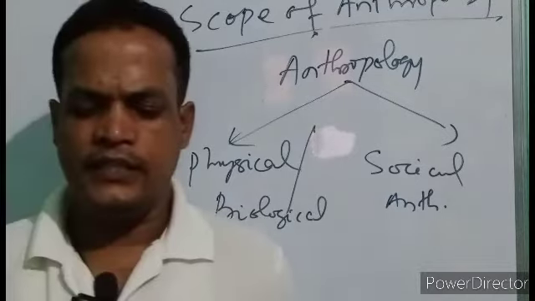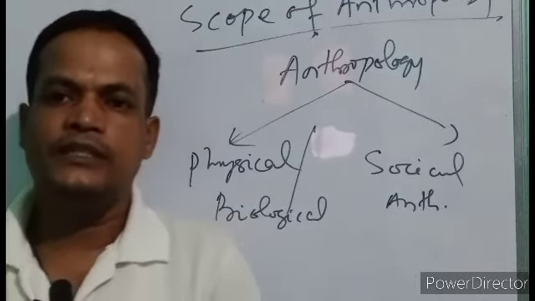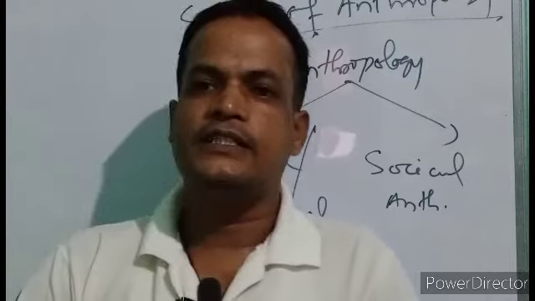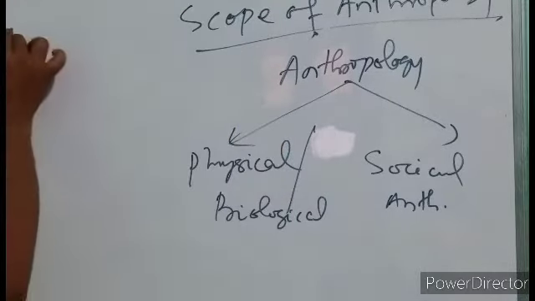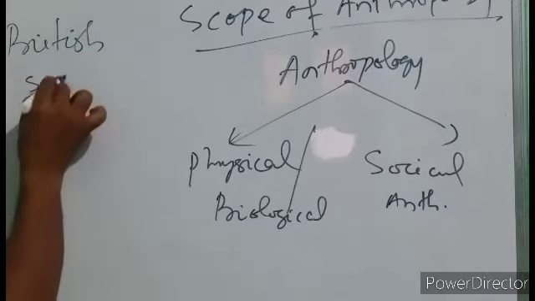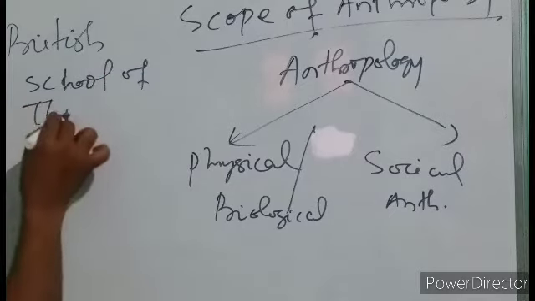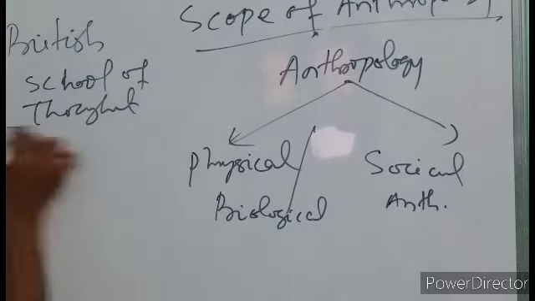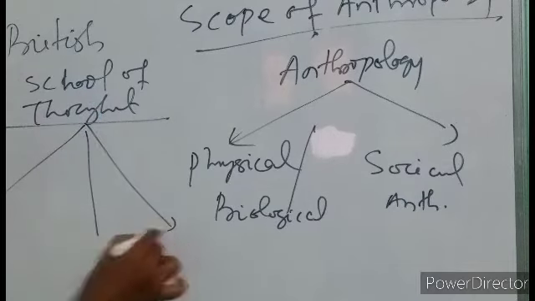Now if you see the different categorizations of anthropology, we can take the British school of thought. The British school of thought has divided anthropology into three parts.